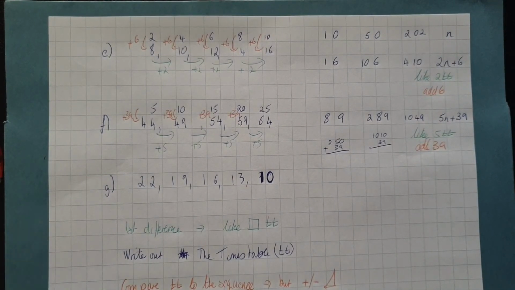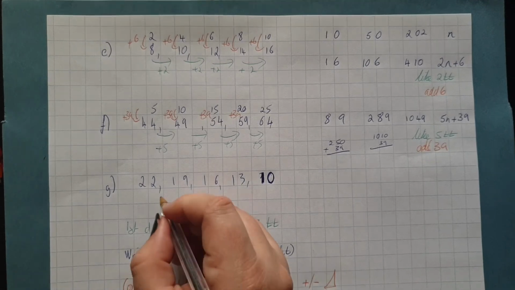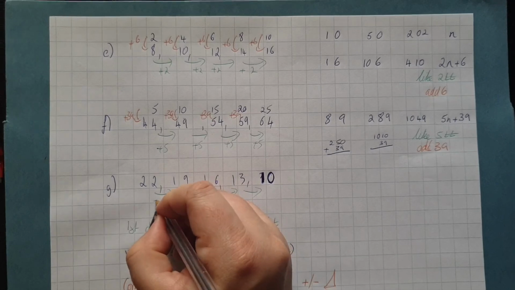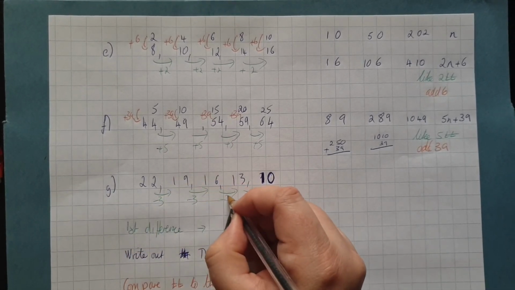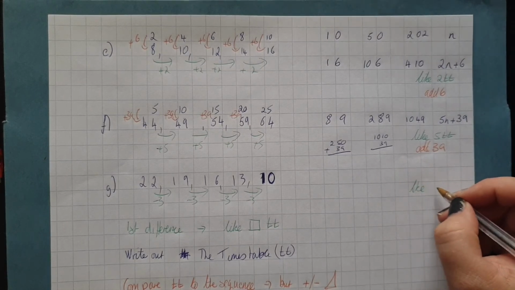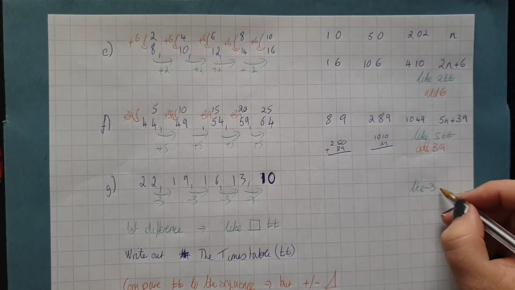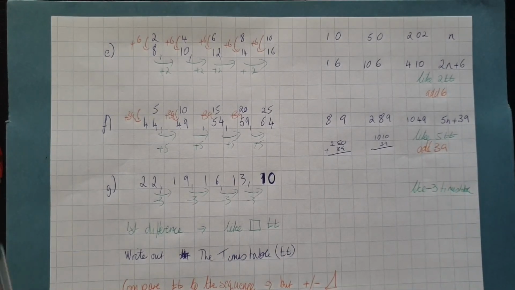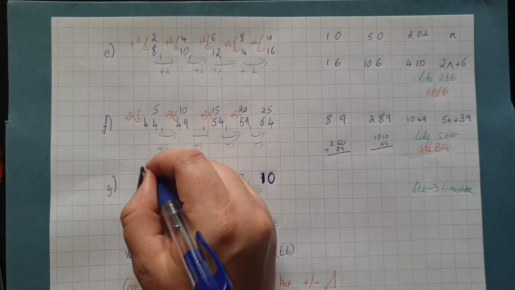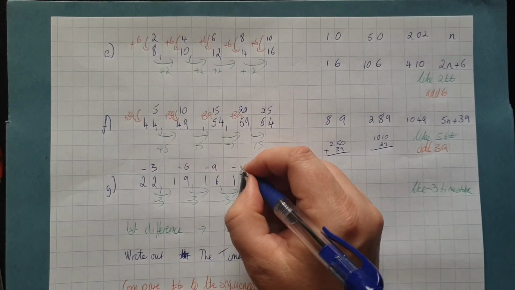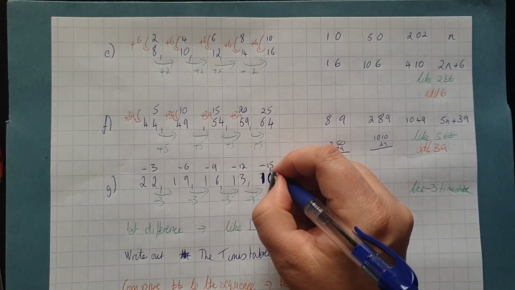Final one, as normal, work out your first difference. This one's going down by 3, minus 3 each time. So we know this is like the negative 3 times table. Why I wrote that in full instead of putting TT, I don't know. If it was the minus 3 times table, it would go minus 3, minus 6, minus 9, minus 12, minus 15.